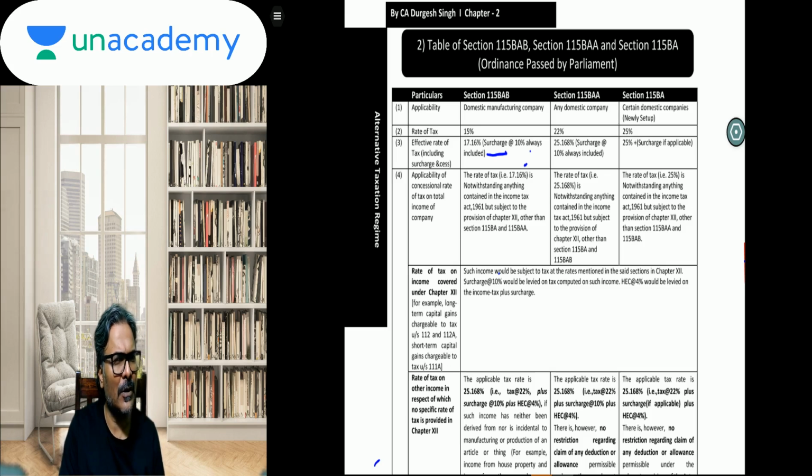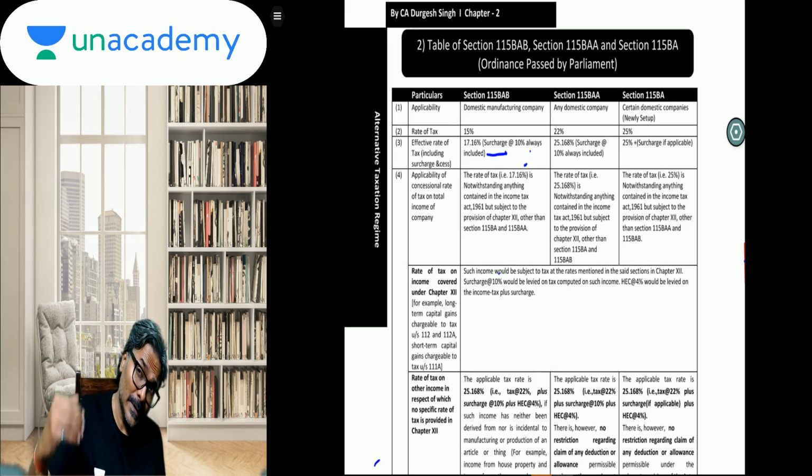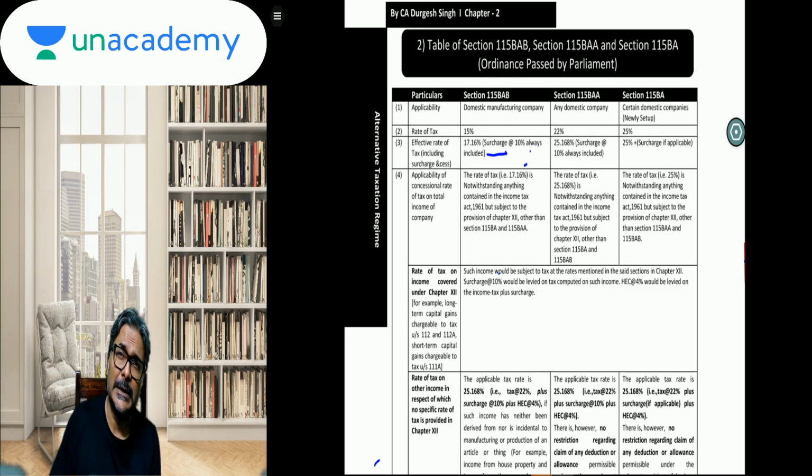So far as this alternate tax regime is concerned, the theme of these sections is that we will give you an option whereby you can think of opting out of all these deductions that you are otherwise claiming. You forego these deductions, give up those extra claims, and thereby compute a total income.